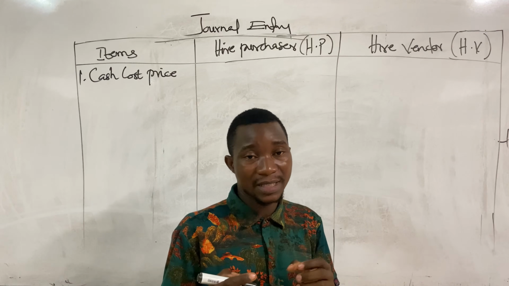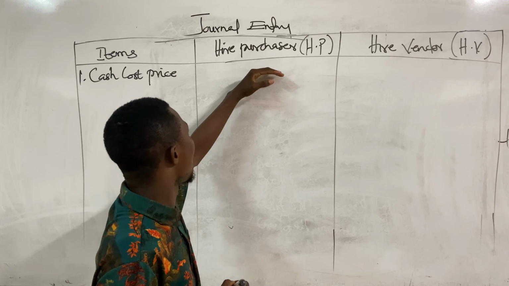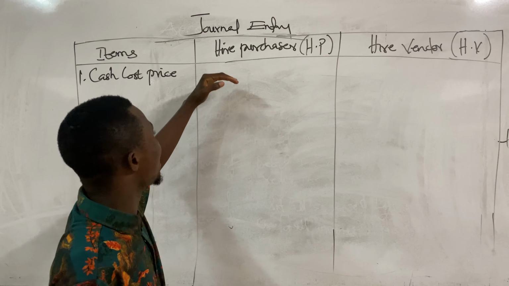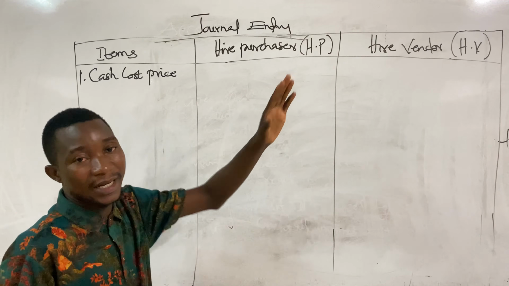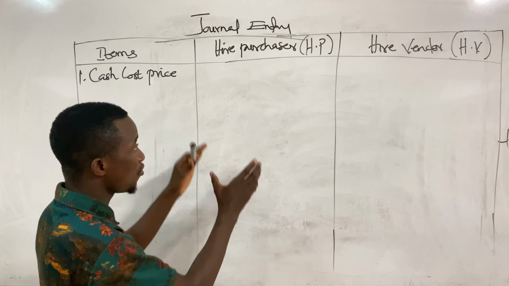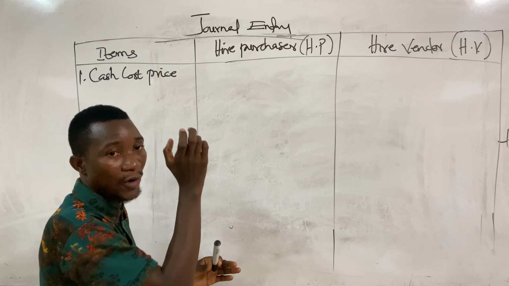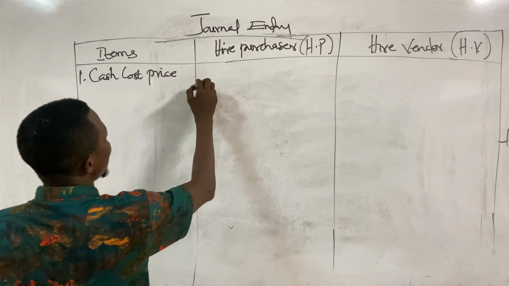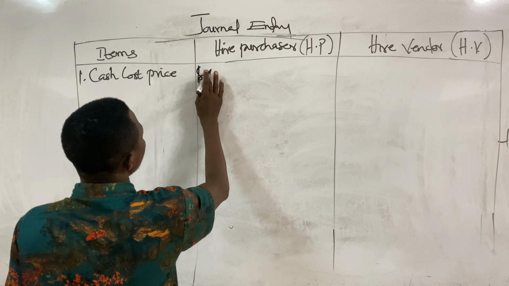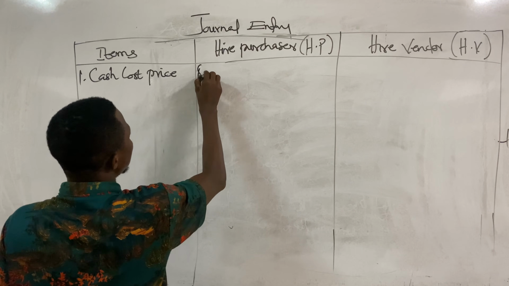When the cost price of the asset is involved in the hire purchase contract or agreement, in the perspective of the hire purchaser, the entry is that you debit the asset account and credit the hire vendor's account. That is when we are making entries in the book of the hire purchaser. So this DR means debit.